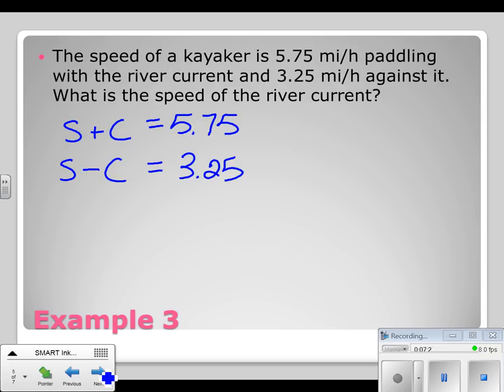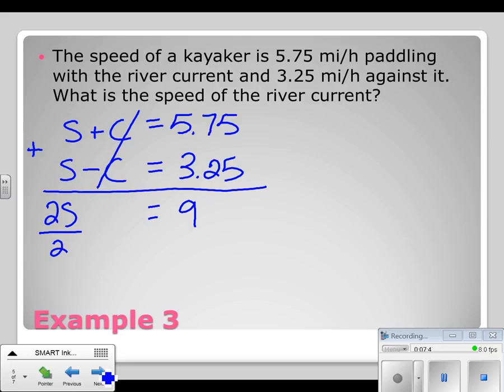In this one, I would use elimination. Specifically, I'm going to just add the 2 equations. When I add the 2, s plus s gives me 2s. c plus the opposite of c, there's my elimination. 5.75 plus 3.25 gives us 9. So if I divide both sides here by 2, the s is going to give us 4.5 miles per hour. So that's our speed. We have to figure out the current.